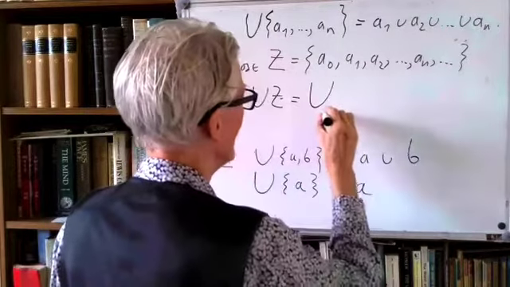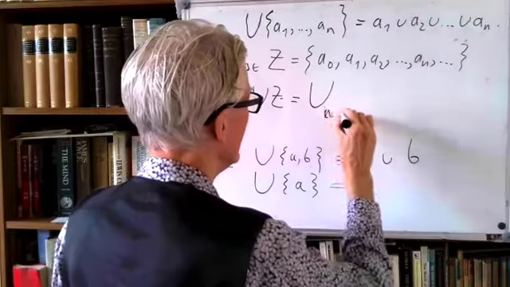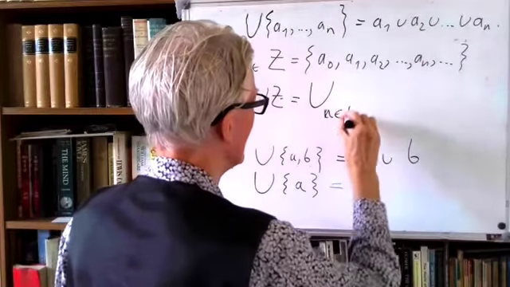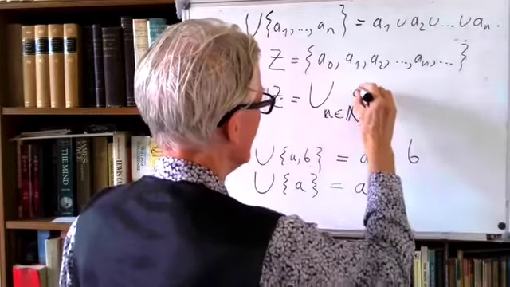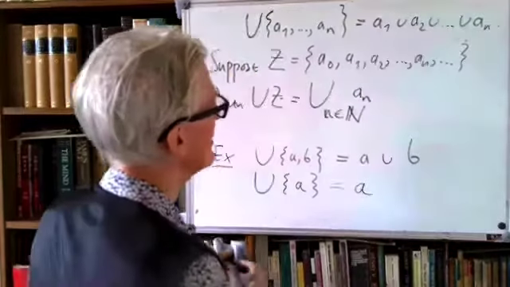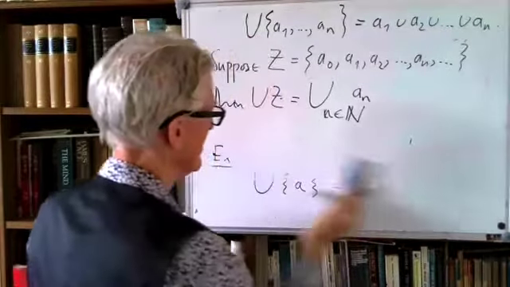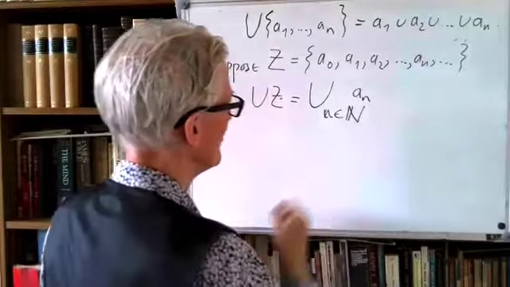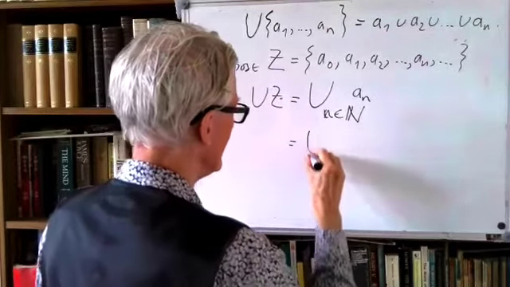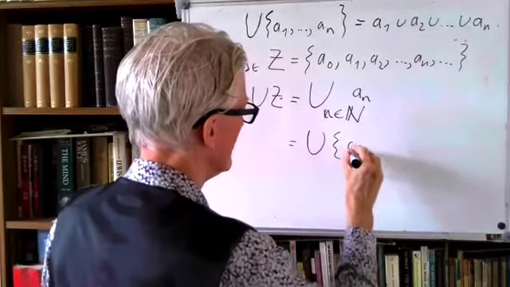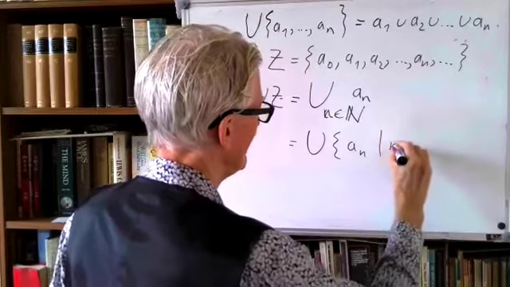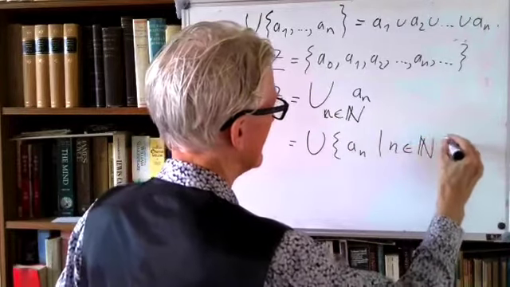It's the union of the n's in the natural numbers of these ANs. Or another way I could write this is the union of the ANs for n in N.